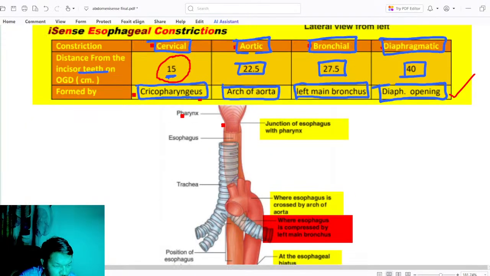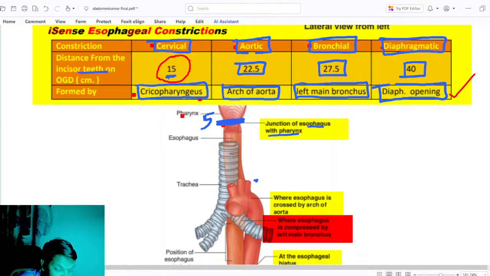So first we have junction of the esophagus with the pharynx. Pharynx and esophagus, when they are joining, because of the cricopharyngeus, there is a constriction. Cricopharyngeus, and it is just 15 centimeter from the incisor tip. Then at 22.5 centimeter, they have constriction because of the arch of the aorta.